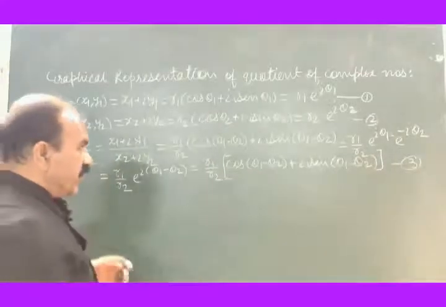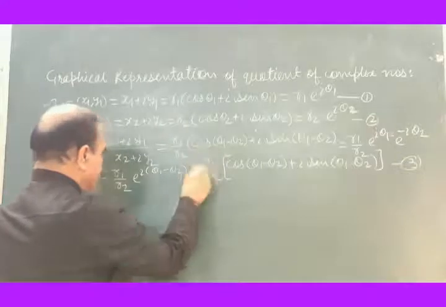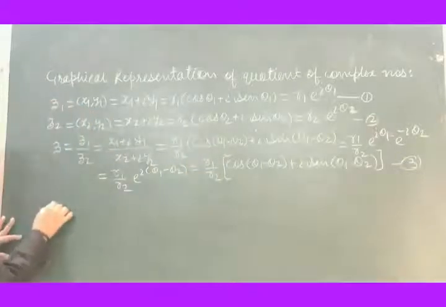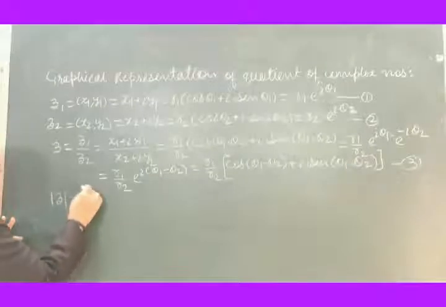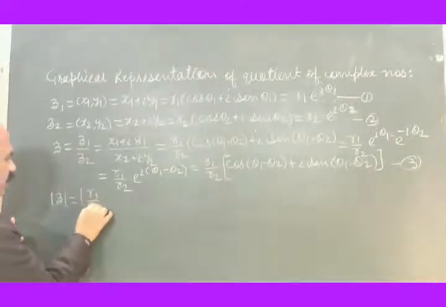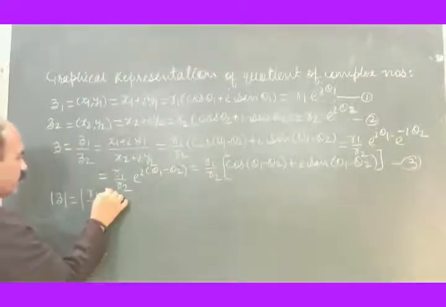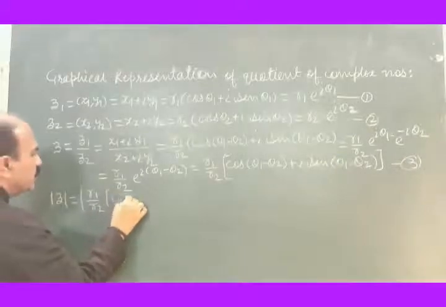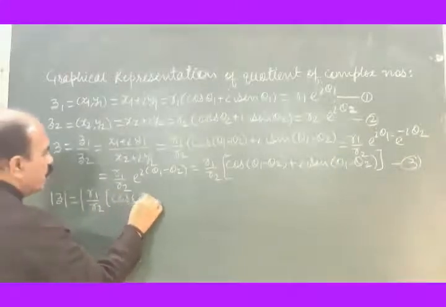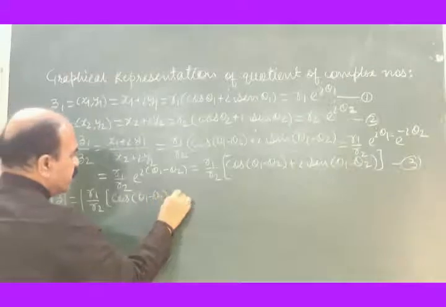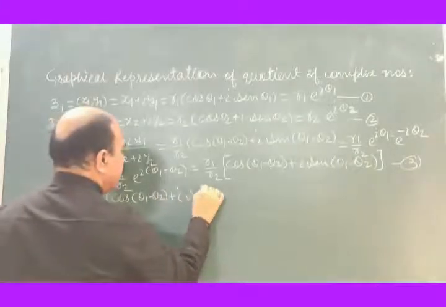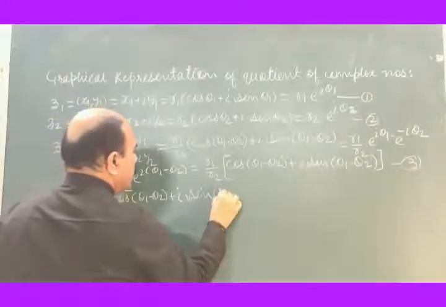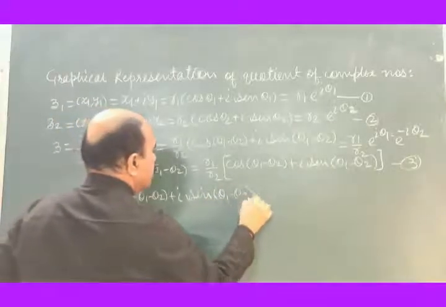If we take modulus of this, modulus of Z is equal to modulus of R1 by R2 into (cos (theta 1 minus theta 2) plus i sin (theta 1 minus theta 2)).